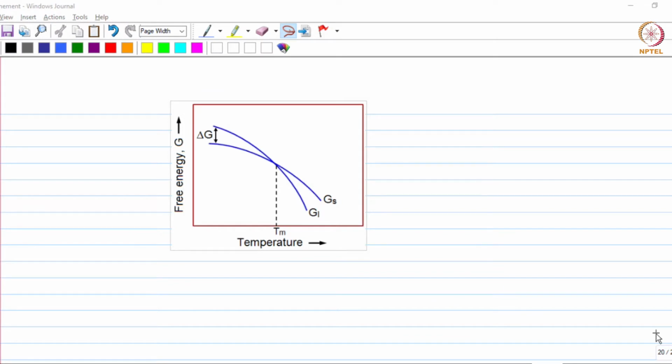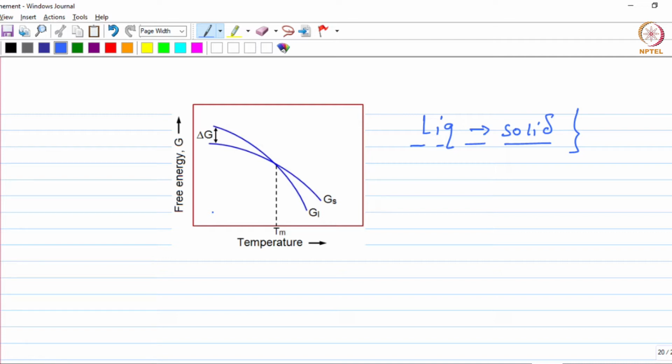Okay, so if you keep the system at the melting point, when you are talking about this transformation between liquid to solid, or solidification, it is going to reach an equilibrium because the solid might form, but there is the latent heat of fusion which is being released, right?